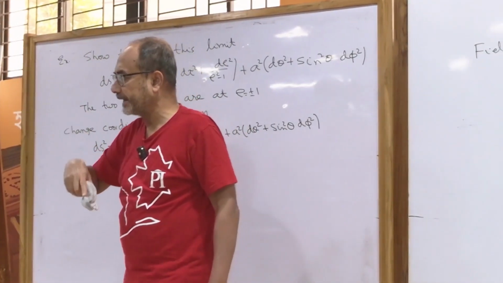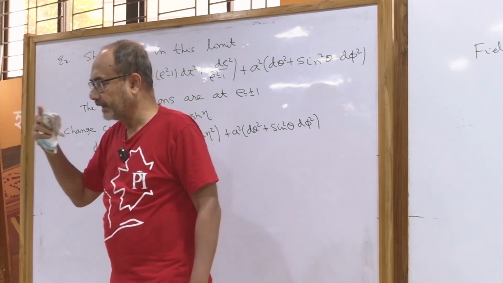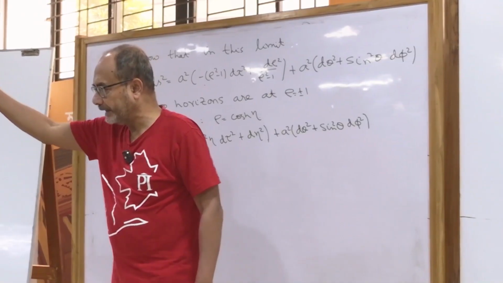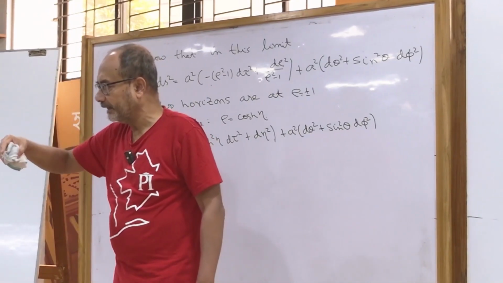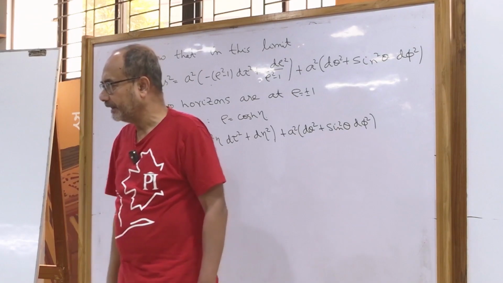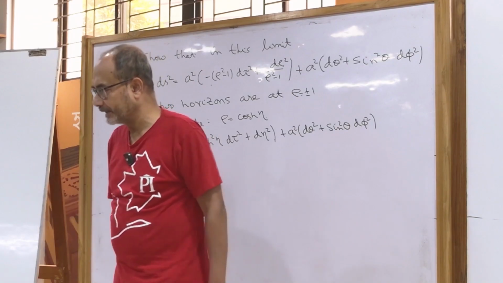So 1 is greater than minus 1. So 1 is the outer horizon, because the asymptotic observer is at rho equal to infinity, right? Looking from infinity, you'll see the one at 1 first. Then the one at minus 1 will be hidden behind the horizon at rho equal to 1. So rho equal to 1 is the outer horizon in this picture.